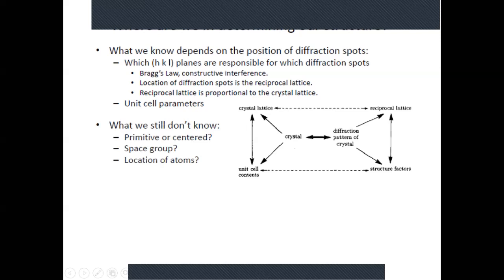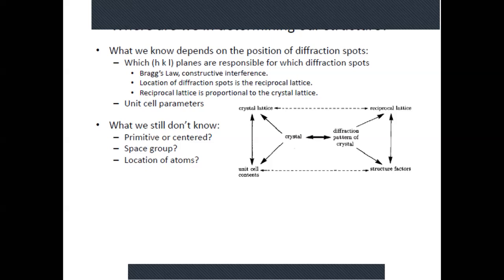What we still don't know up to now is how we know whether a crystal is going to be a primitive or centered crystal. So for example, is it going to be primitive or C-centered? And how do we know which one of the space groups this crystal structure is going to fall in?